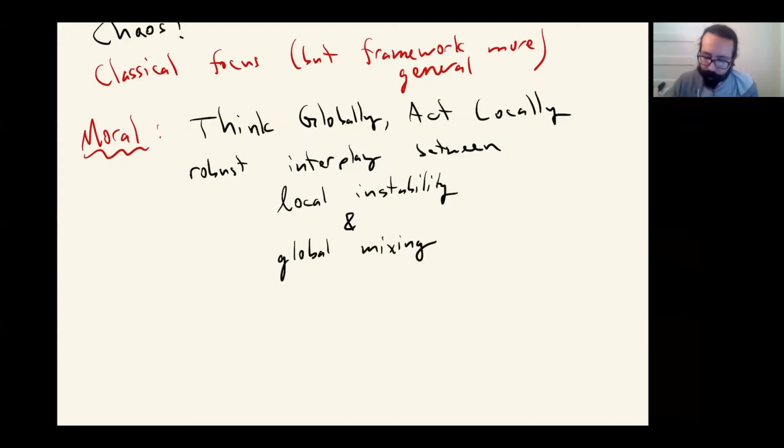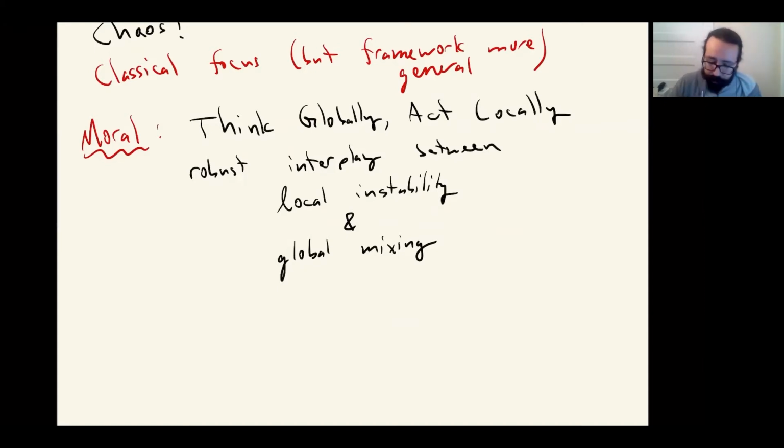I think this local instability is pretty famous in the chaos context. It is roughly what we mean when we talk about things like the butterfly effect. One of the hallmarks of chaos is that if I have two initially close trajectories, two starting points that are close together, then they diverge exponentially in time with some exponent that we call the Lyapunov exponent.